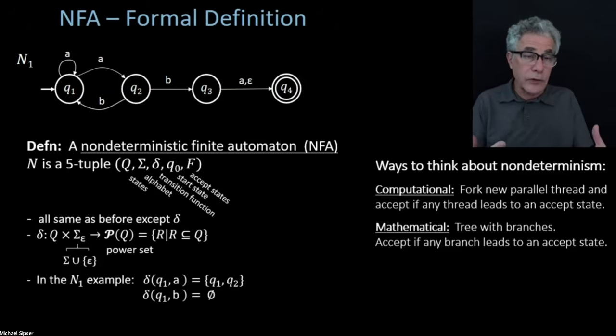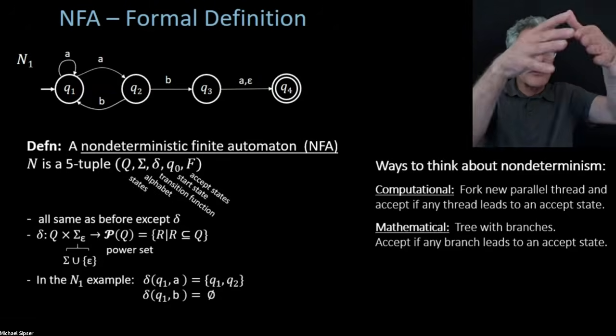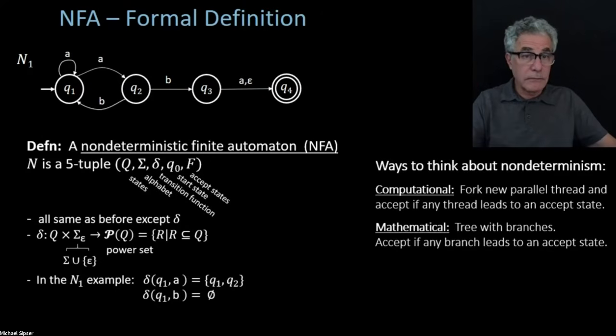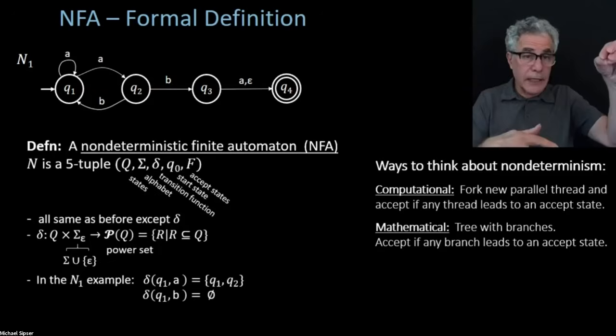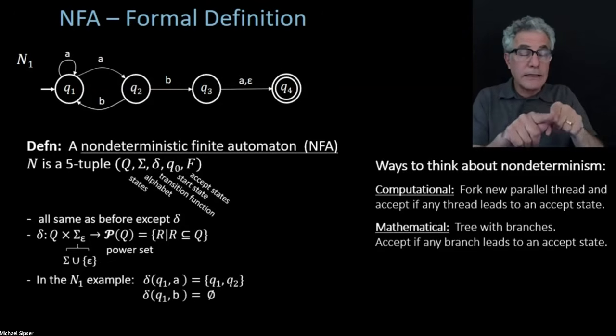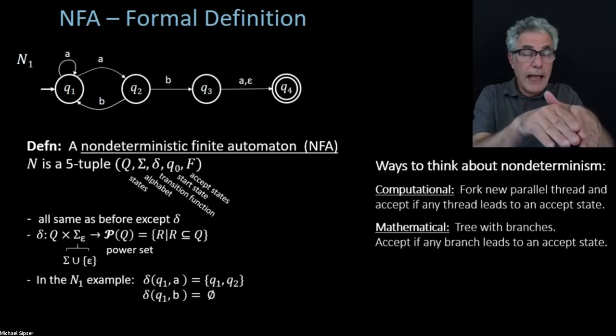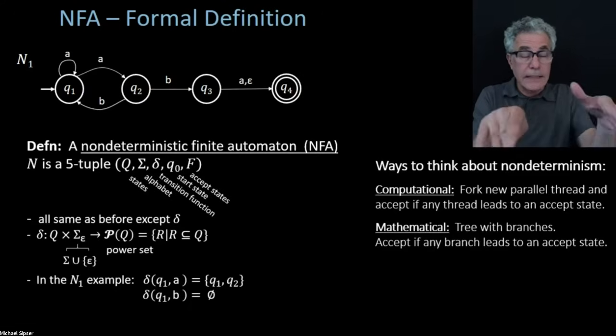The mathematical view is that you can think of the computation as a tree of possibilities. You start off at the very beginning, at the root of the computation, which is when it really begins. But every time a non-deterministic branching occurs, that node of the tree has multiple children coming out of it.